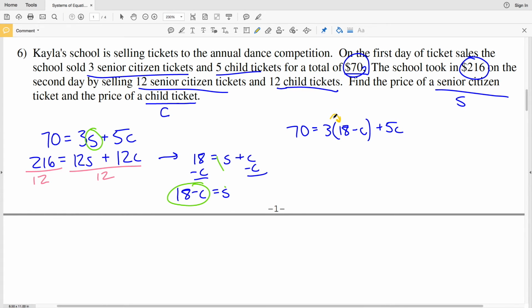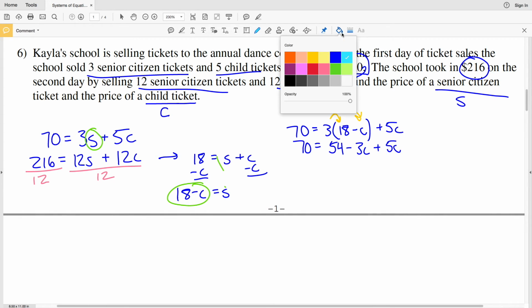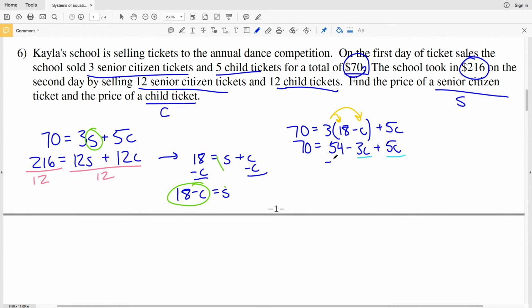So I'm going to be distributing this 3. So I'll have 70 equal to 3 times 18, which is 54, minus 3 times c, which is minus 3c, plus 5c. Now I'll combine 3c and 5c, and I'll also subtract 54 from both sides.